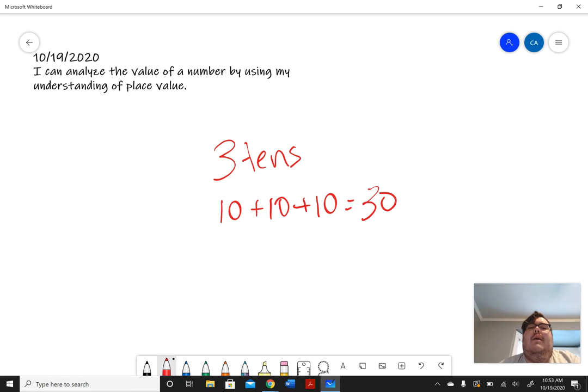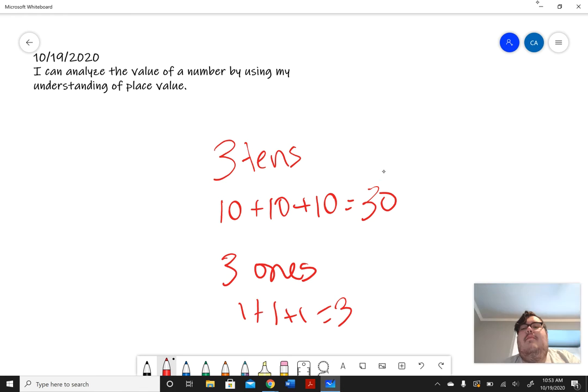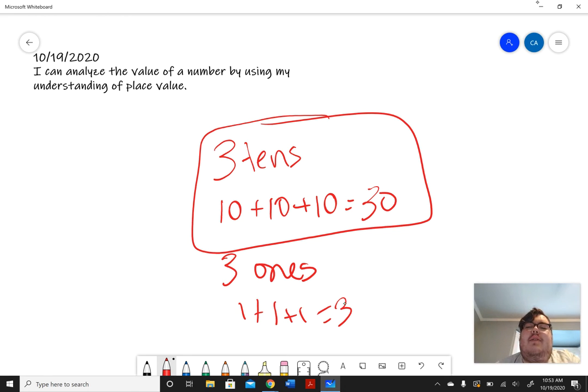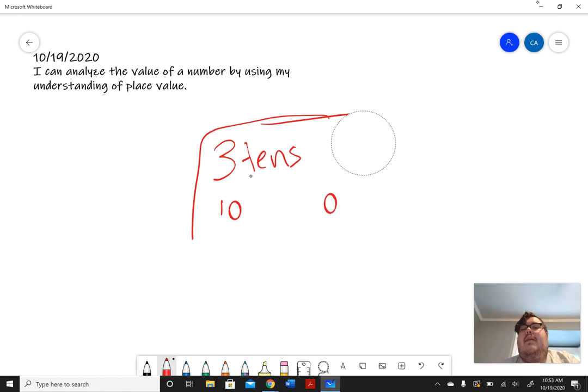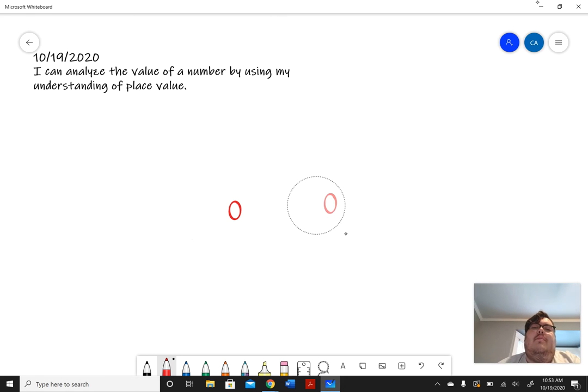Whereas if we had 3 ones, that would be 1 plus 1 plus 1, which is 3. Which one has more value? The 3 tens, because it's a greater number. Not to say that 3 isn't an important number. All numbers are important.